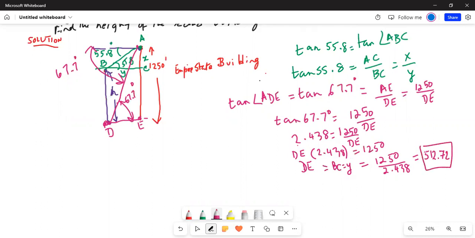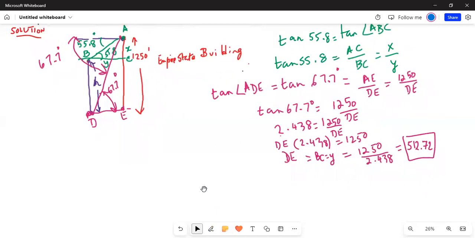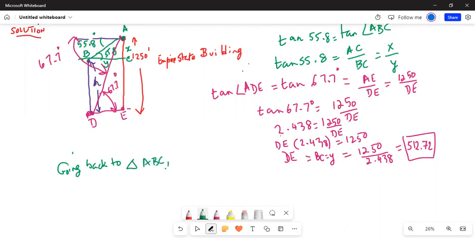Okay, now let's go back to our green pen, and let's also create some space for ourselves. So like this, okay, so tangent of 55.8, going back to triangle ABC, we get tangent of 55.8 is equal to x over y, is equal to x over 512.72.